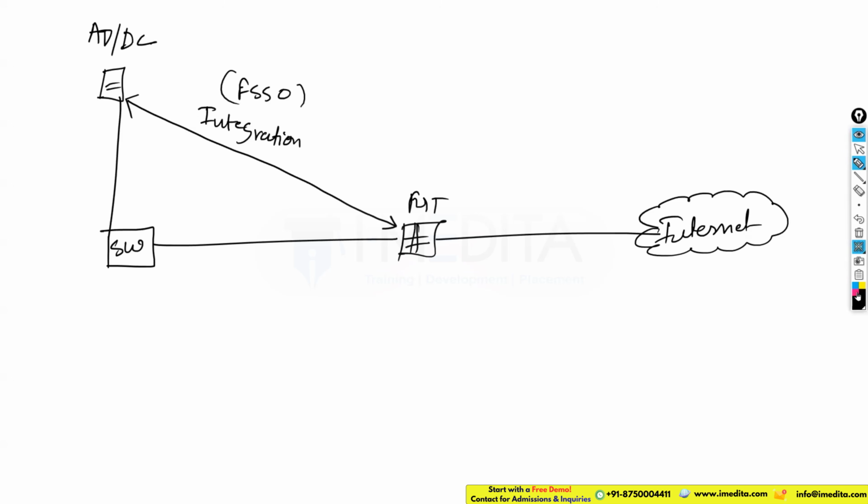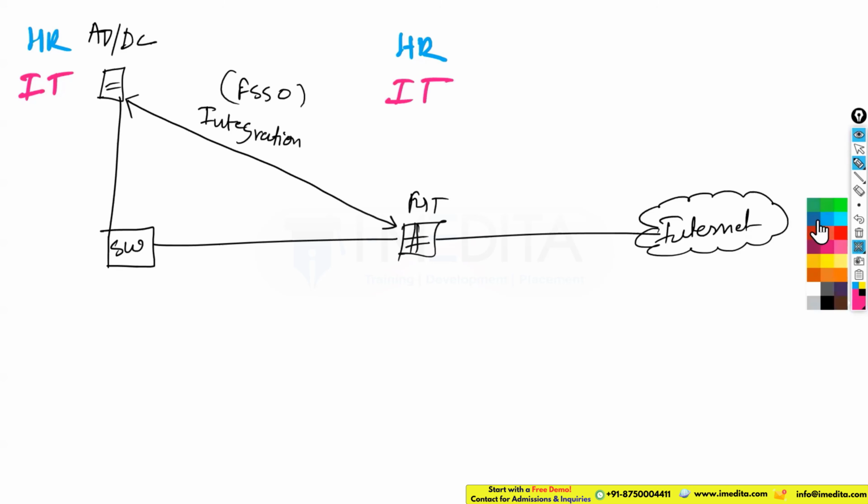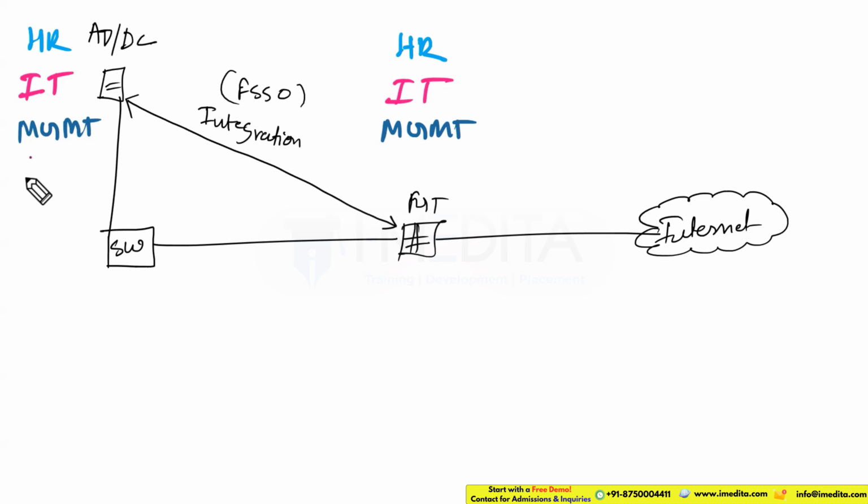With this integration, for example, there are some groups on AD like HR. They will be synced with the firewall. They have group IT that will be synced with the firewall. They have groups like management and sales that will be synced with the firewall.